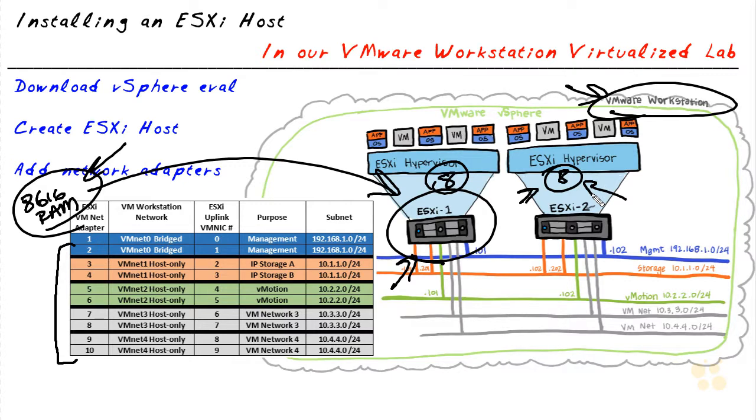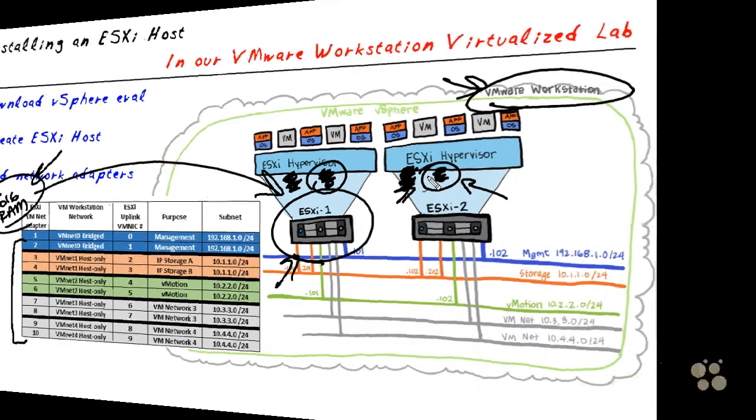Number one, you could tell each of these ESXi VMs that perhaps they have 6 gigabytes each or even 4 gigabytes each, and that could work as well. So you may want to adjust the amount of RAM you're allocating to each of these VMs based on the amount of memory that your host computer has.